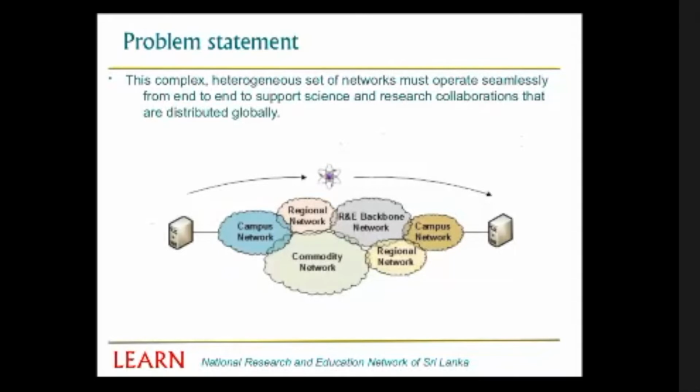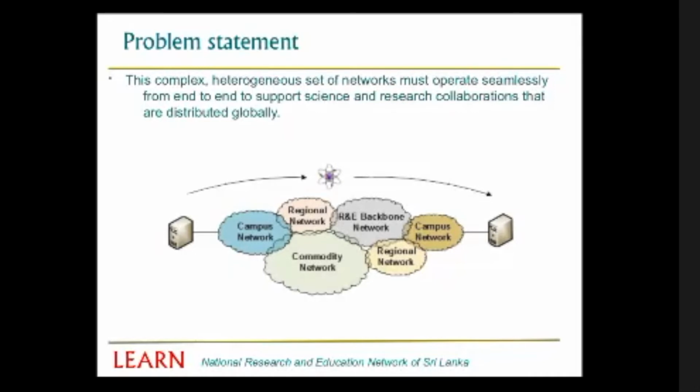Any network actually consists of many other networks. A network is a collection of networks. Like that, the research and education community network also consists of many heterogeneous, that is, different sets of networks.